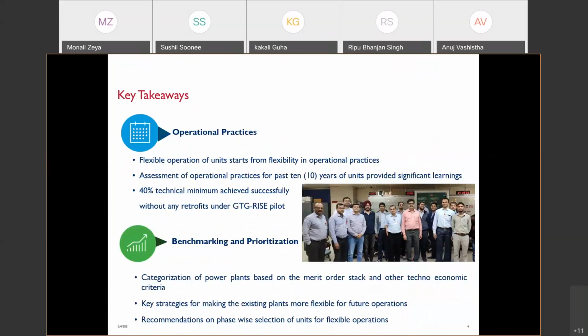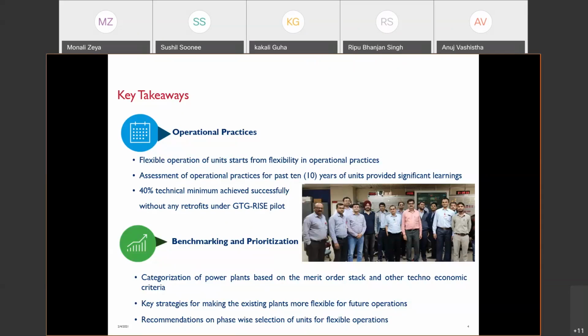So talking about some of the key takeaways, we have summarized only a few of them, but there are a host of other learnings and recommendations that came out. But certainly one of the very key learnings was on the operational practices and the procedures. The way coal-based units have been run over the past, let's say, 20 or 25 years of their useful life, determined how challenging it was for us to convince the plant operators to run it in a cyclic mode.